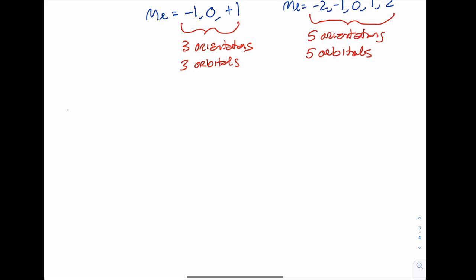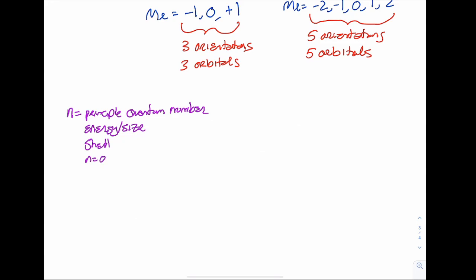So just again, summarizing, n is my principal quantum number. It defines the energy. We could say size. We can call those shells. I don't use the term shell a lot. I'm more likely to say energy level, but there's nothing wrong with that term. n is always a whole number integer. 0 is not one of them.